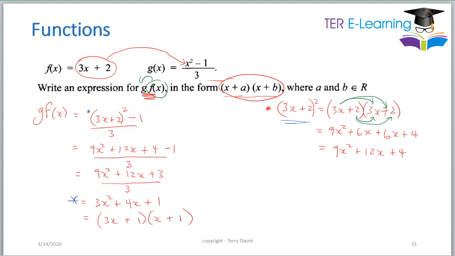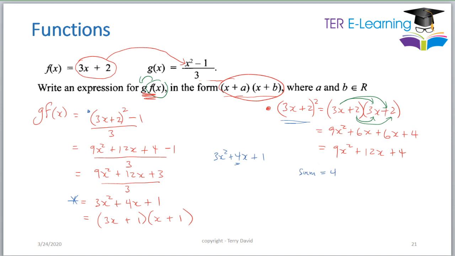Now, for those of you who don't know how to factorize, this is what we're trying to factorize, right? 3x squared plus 4x plus 1, that's what you're trying to factorize. What I taught you all in class, we said we need to find two numbers whose sum is equal to whatever this is.